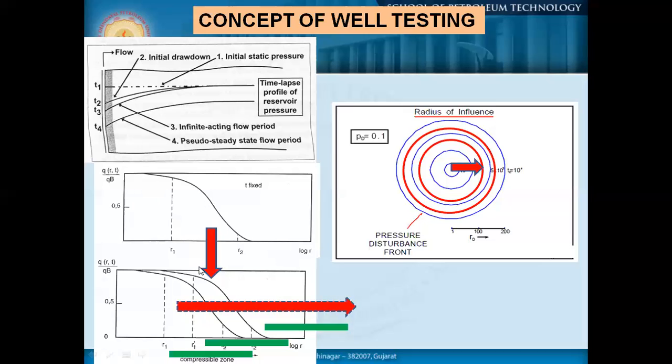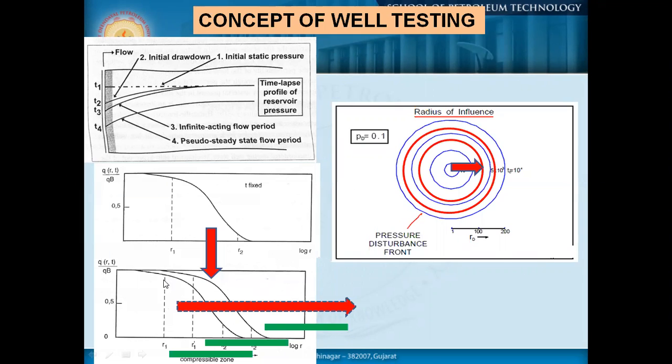Whenever we are recording a pressure, this area was already supplied before in the production profile, and beyond this part, where the ratio is 0, that area has not taken part in the flow.